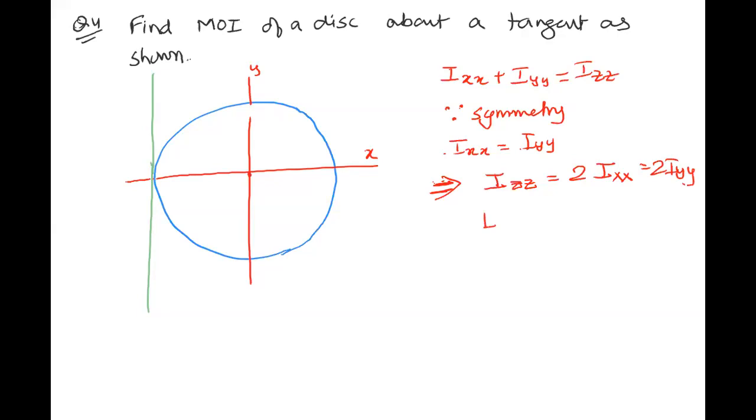So Iy is equal to Iz divided by 2. But Iz is equal to, remember, mr square by 2. So this must be equal to mr square by 4. Right?